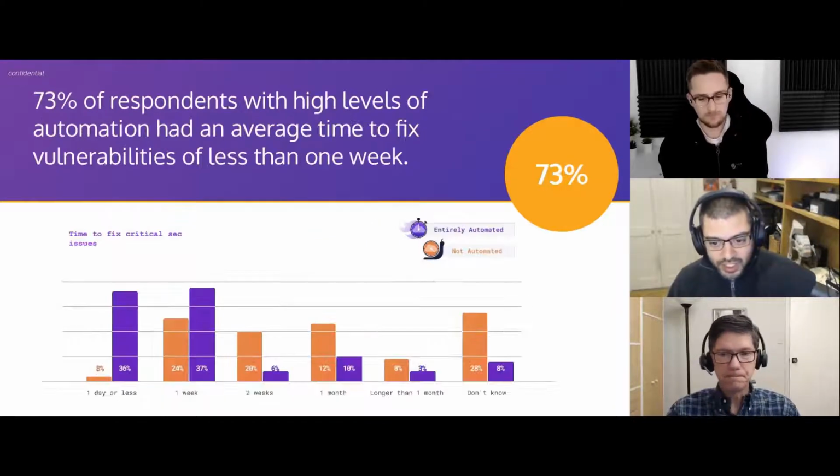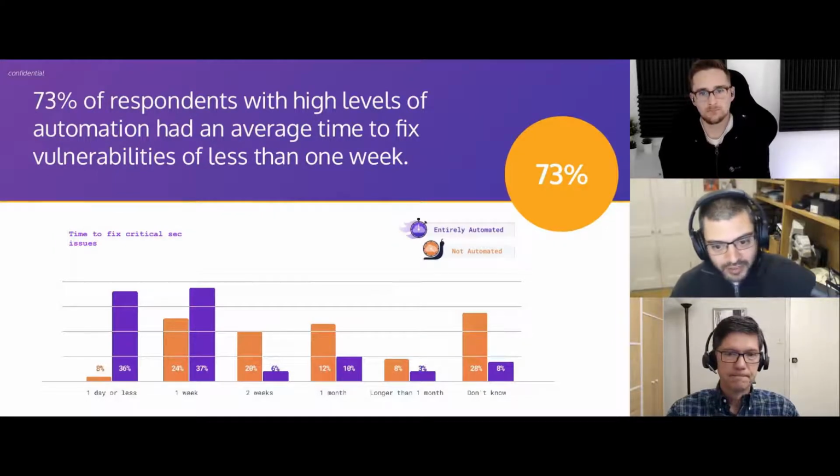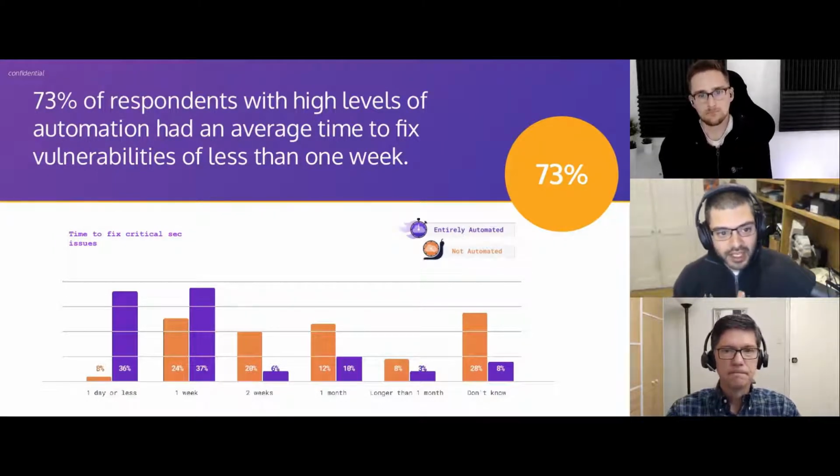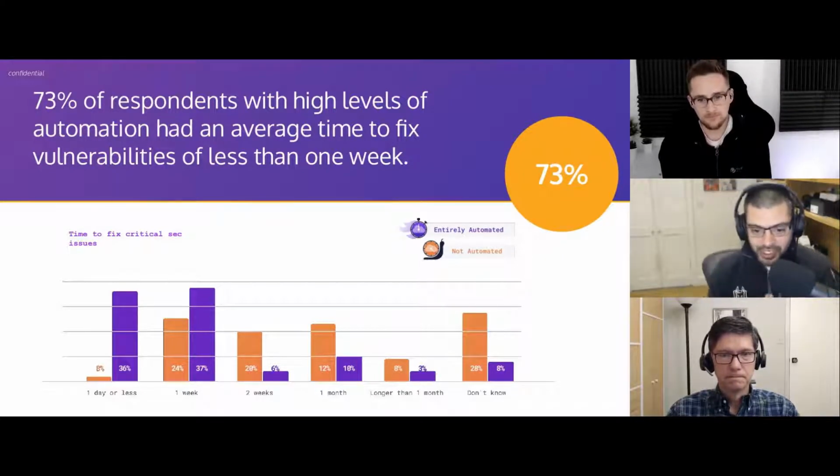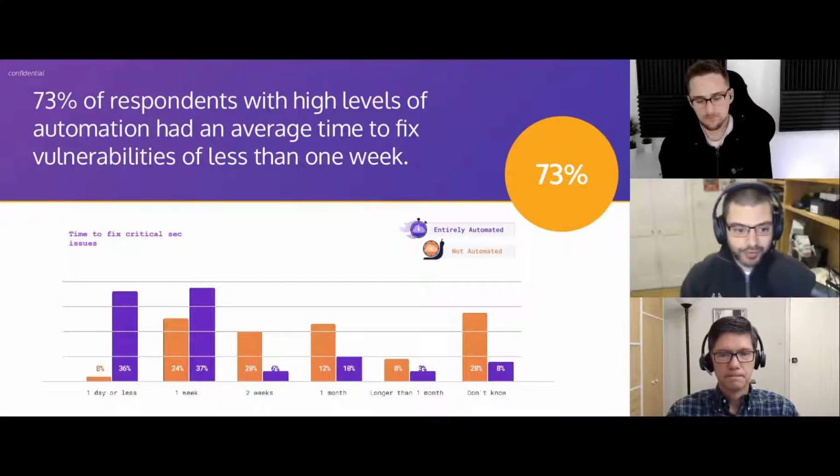The slide I think is of real value is how quickly can we react to an issue. And I think this is what really mitigates issues and reduces risk.